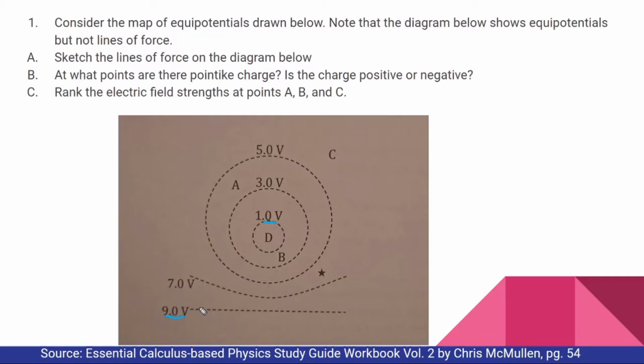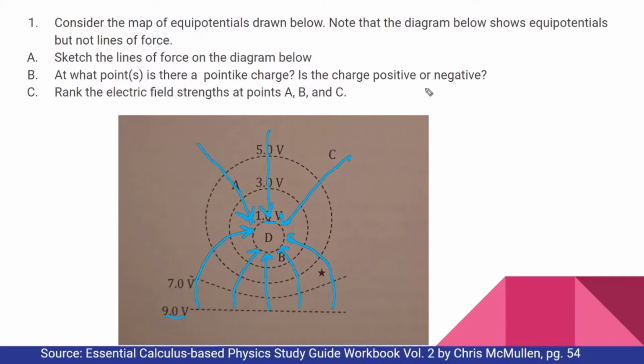So from here, you would draw the line and follow the path from highest to lowest. And then from out here as well. And like this.